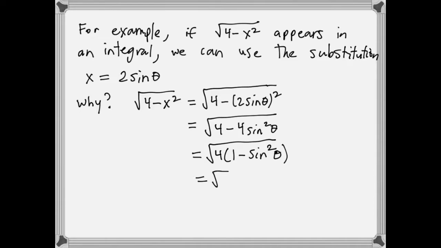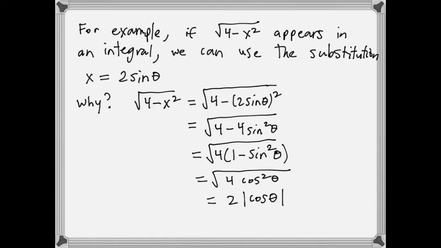And isn't 1 minus sine squared the same as cosine squared? And so finally, this equals 2 times the absolute value of cosine theta.